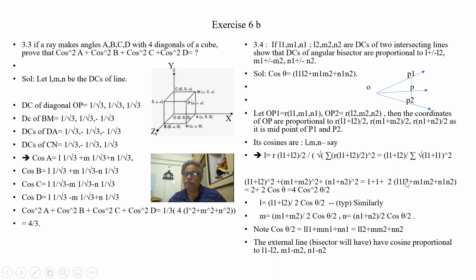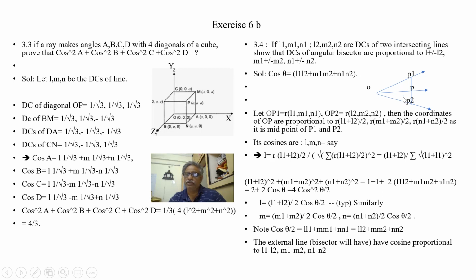This is cos theta, the angle between the two lines. These are unit vectors. So 2 plus 2 cos theta, that is 4 cos squared theta by 2.